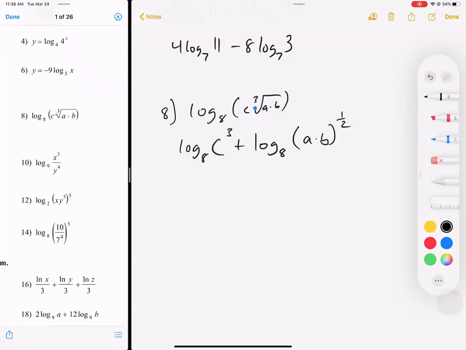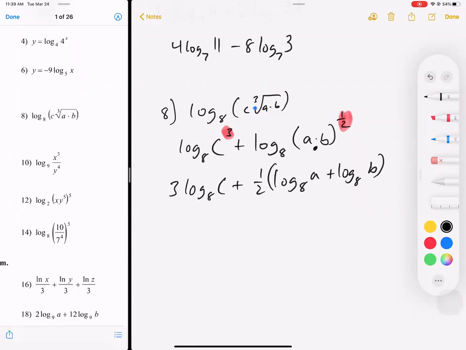Okay. Where does this exponent go? Where does this exponent go? 3 log base 8 of C. Done. The 1/2 goes in the front. 1/2 log base 8. And if we're multiplying, really adding, let's do that right now. Log base 8 of A plus log base 8 of B. If you want to rewrite that out, let me copy it.